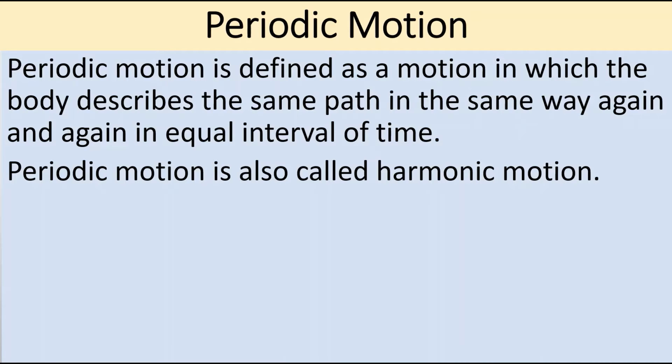If the motion is repeated along the same path to and fro about a definite point, so that particular definite point is called equilibrium position or the mean position, then the motion of the body is vibratory or oscillatory motion. So now let us discuss simple harmonic motion.